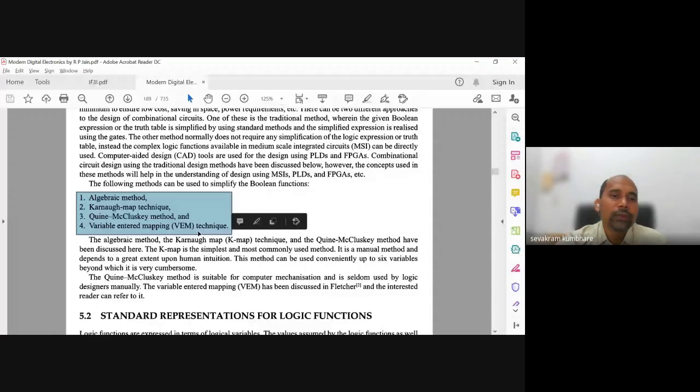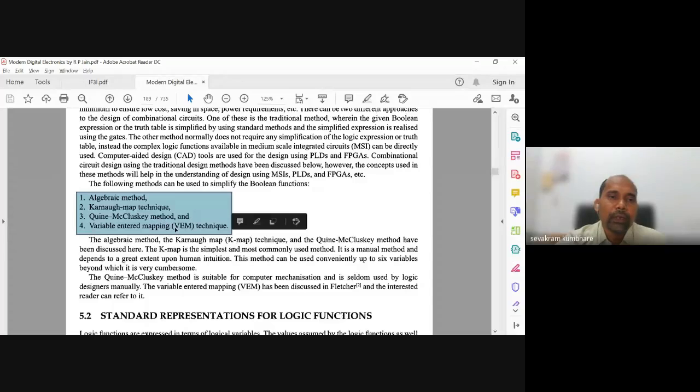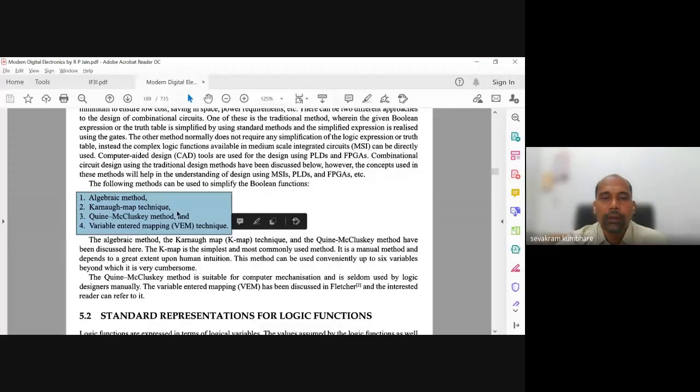Out of these, the first and second methods are in your curriculum, whereas the third and fourth are not. We have already covered the algebraic method, where we were given the expression and we simplified it to get the simplified version. In this unit, we are going to see the Karnaugh map technique, and Quine-McCluskey and VEM are not in your curriculum.